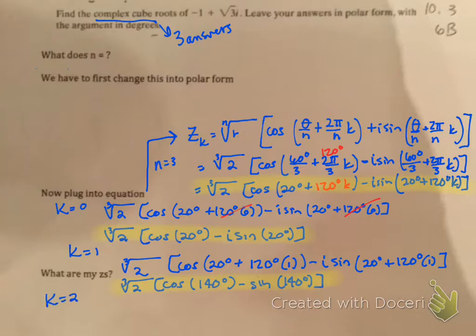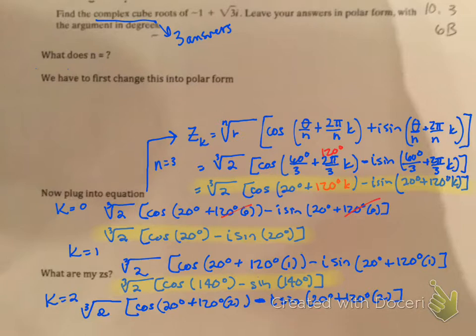K equals 2. So once again, plug in wherever you see k into the generic formula. You're going to plug in 2. So this becomes cosine of 20 degrees plus 120 times 2 minus i sine of 20 degrees plus 120 degrees times 2. So once again, I plugged into the generic formula.